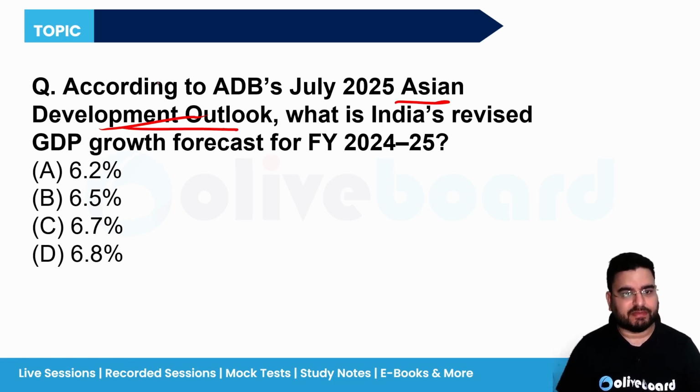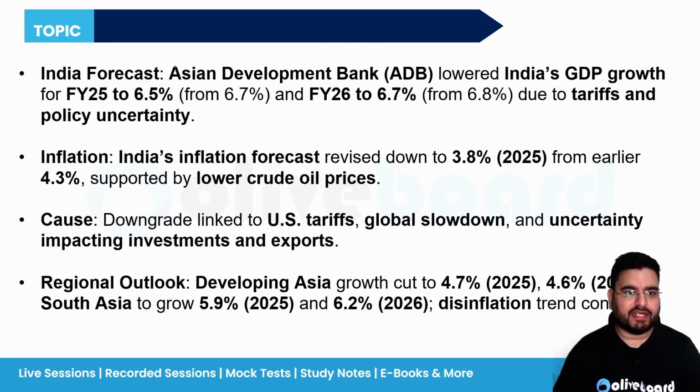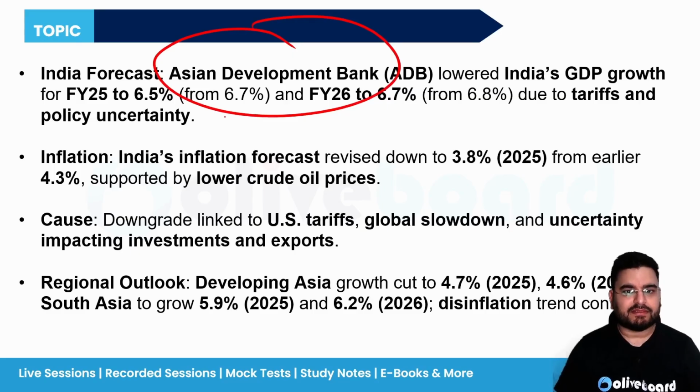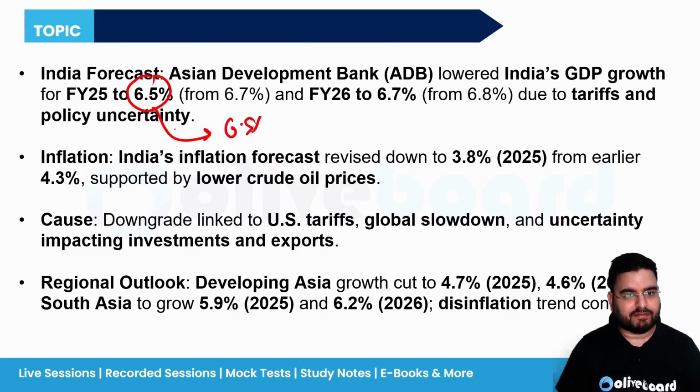So according to the ADB July 2025 Asian Development Outlook, this is the name of the report, Asian Development Outlook, released by ADB. What is India's revised GDP growth forecast for financial year 25? So let's see the news, then we'll see the answer. ADB has projected growth from 6.7% to 6.5%. Please remember this thing. And for financial year 26, it has projected 6.7%, right?